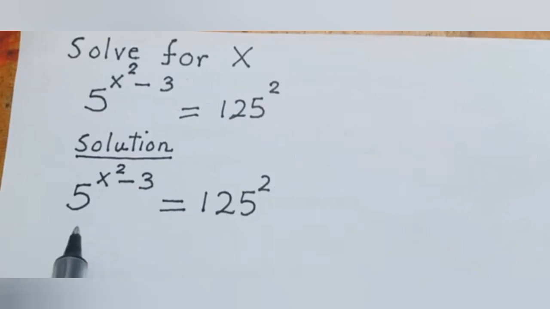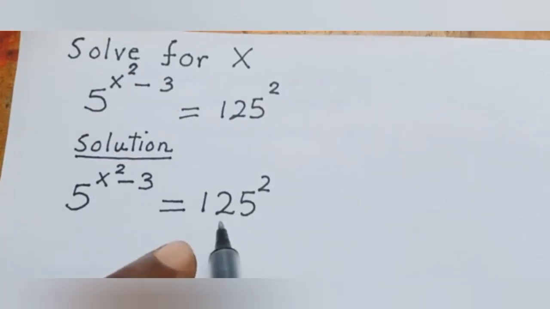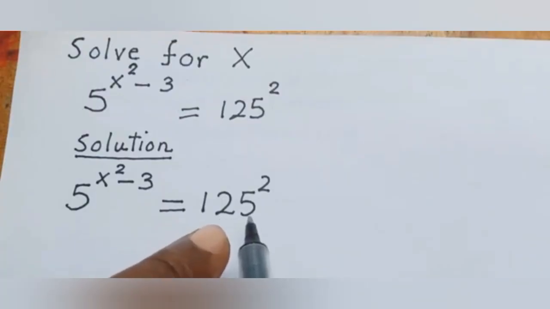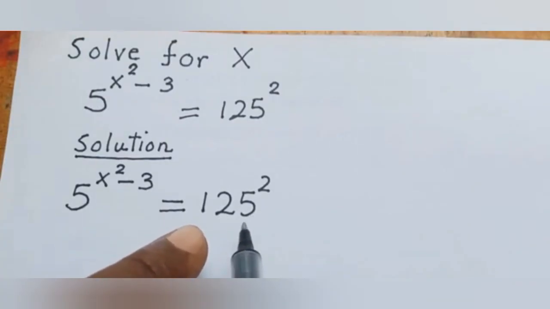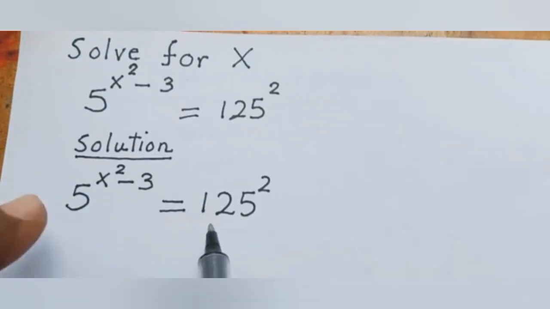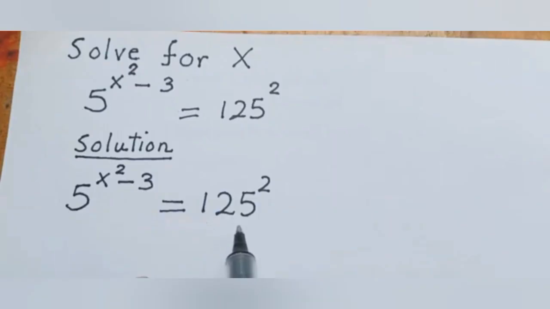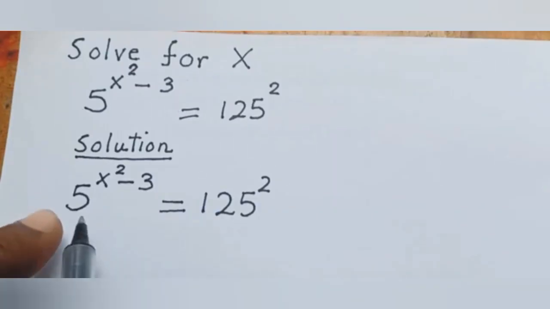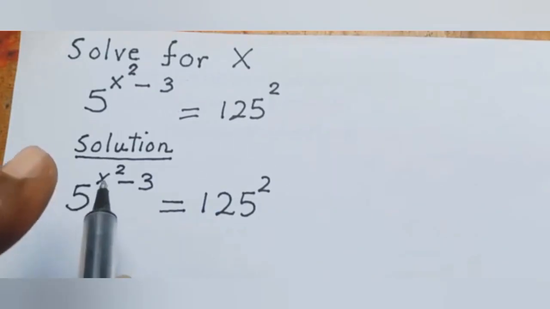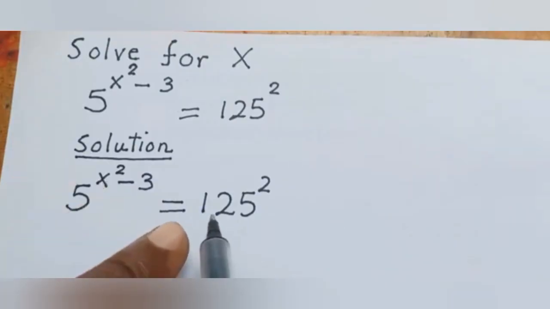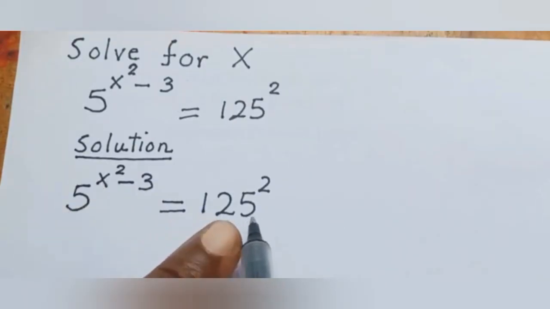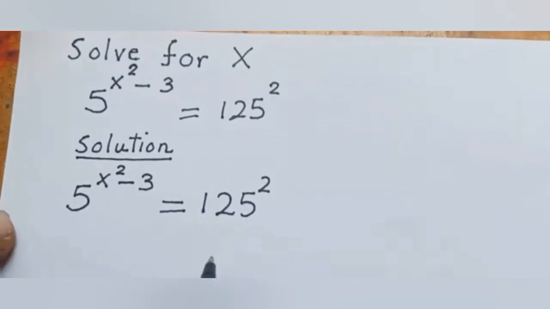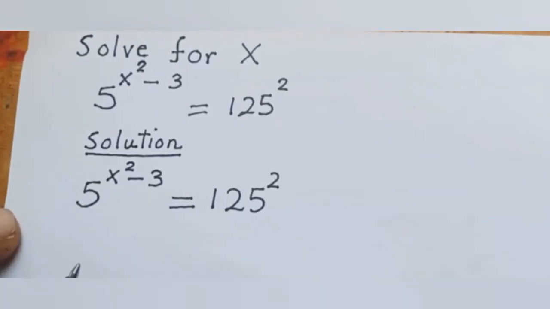So if we look at base 5 and base 125, we find that 125 can be converted, or rather changed, to base 5, since 5 raised to power 3 equals 125. So we can proceed as follows.